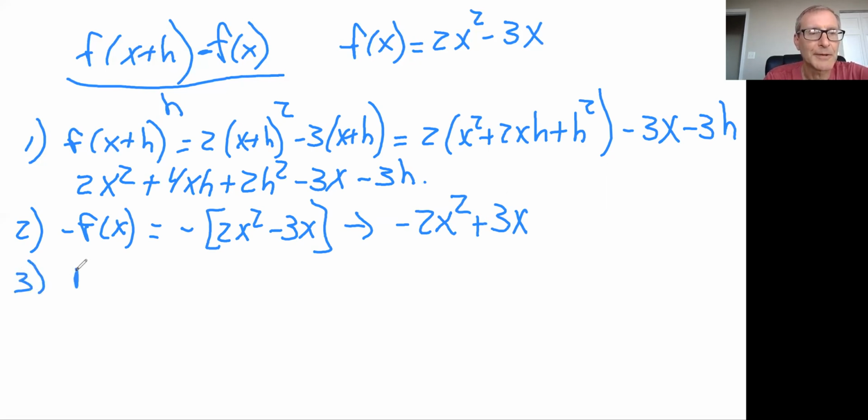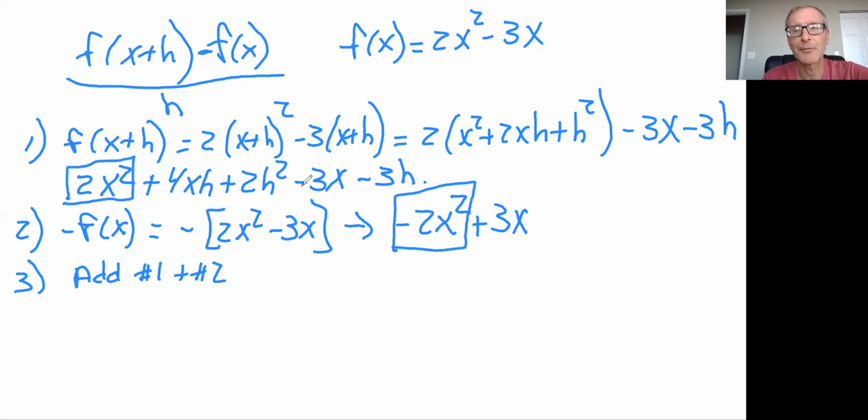So the next one is add number 1 and number 2. So now we're finishing the numerator here. And so we add these 2 together. Basically we're looking for like terms, right? So you can see this term here and this term here are like terms. So when we add them together, what happens?